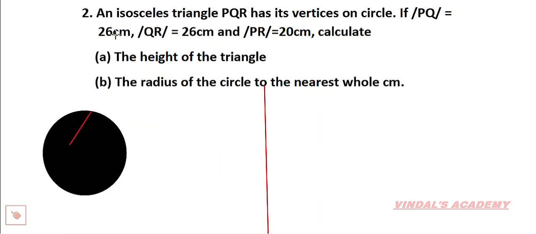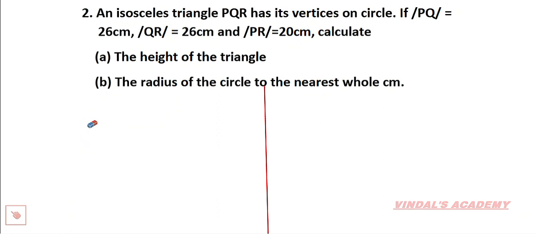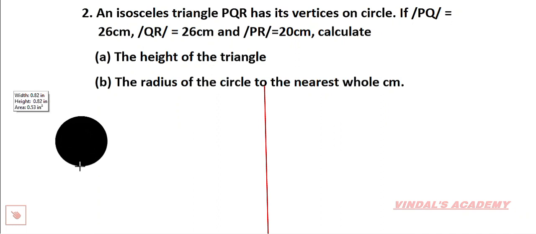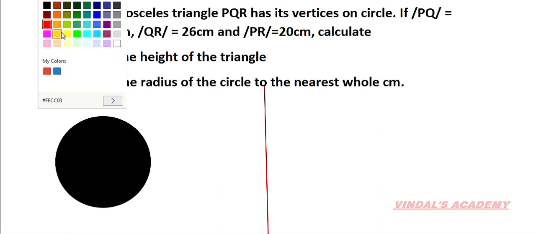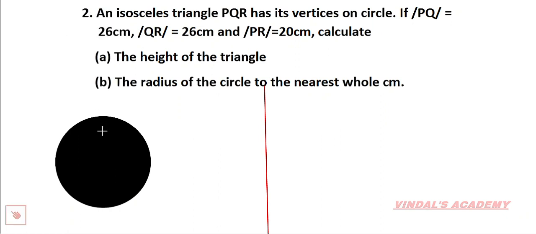No, I need yellow, not red. All right, so now I'm going to draw my triangle because they say that PQR is a triangle and PQ is 26, QR. So I'm going to draw the triangle.